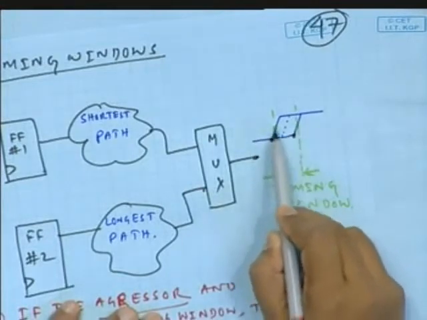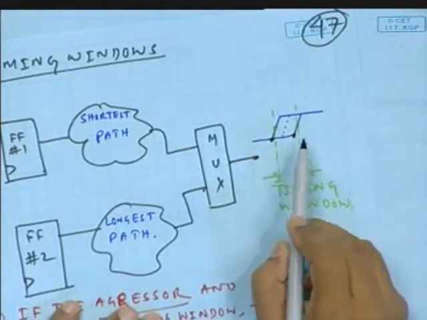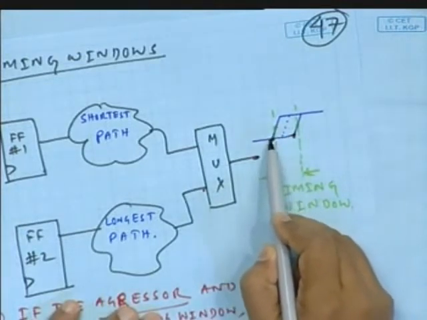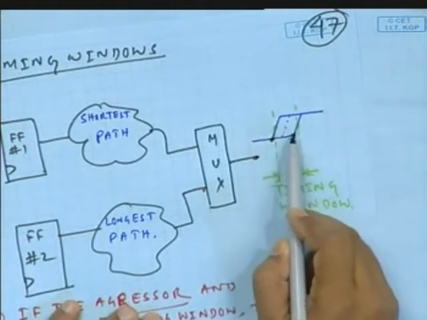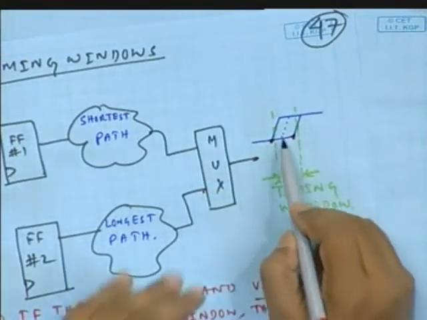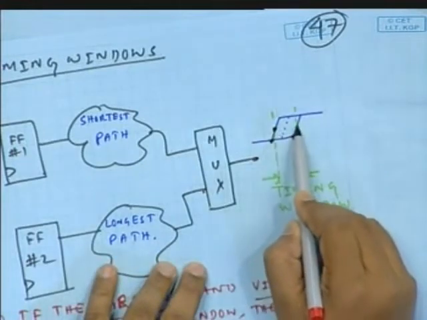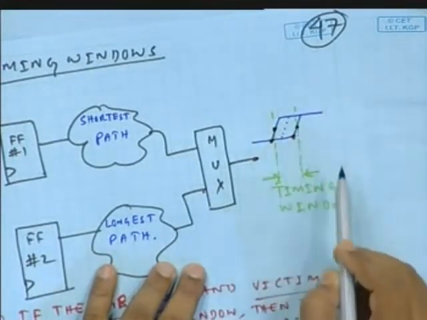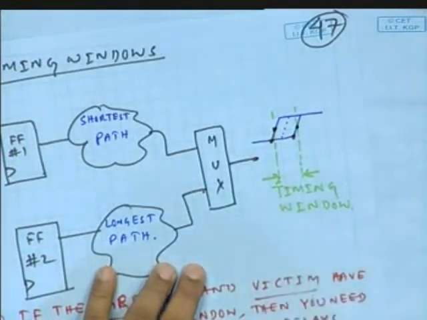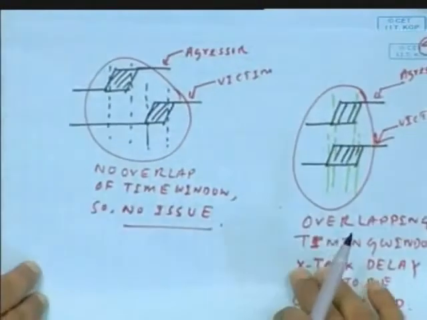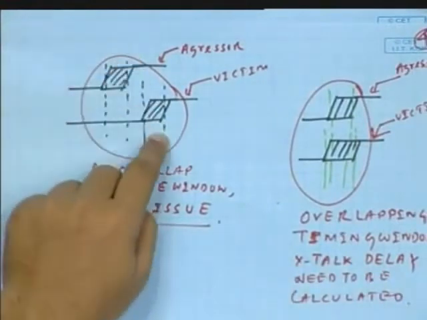We show this, this is the typical convention. We show this like this, that it can reach anywhere in this window. Okay, now you take 50% of the earliest transition, 50% of the latest transition, you define a term called timing window. Now look at this figure. This is my aggressor and this is my victim.